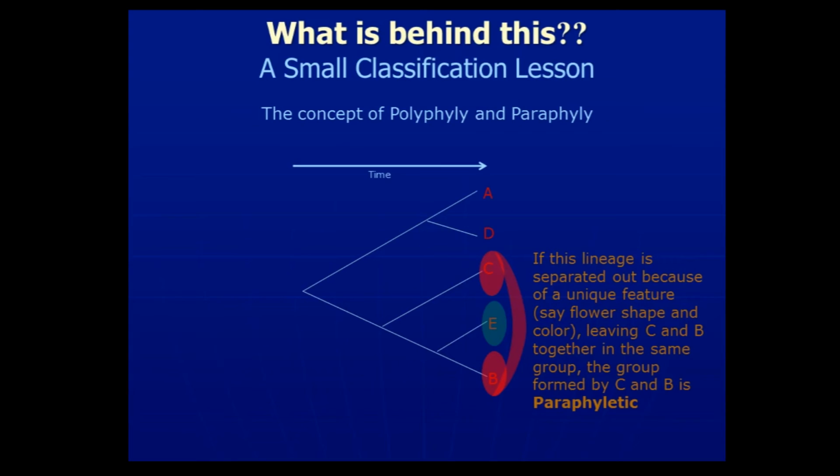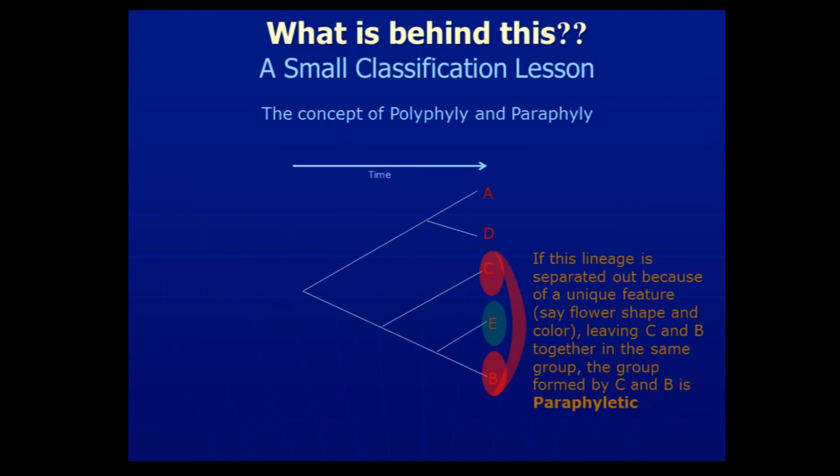So a group that's formed that way, including some but not all of the descendants, is called paraphyletic, and we don't like that either. And it's those two concepts that unfortunately were relatively common in classifications that were built prior to our ability to access the genome.